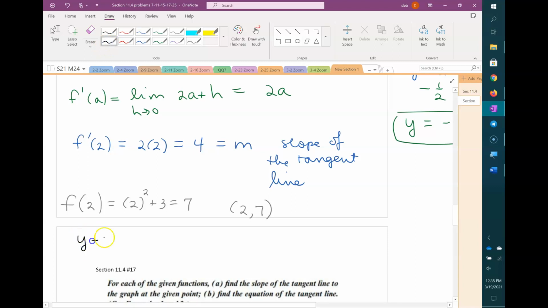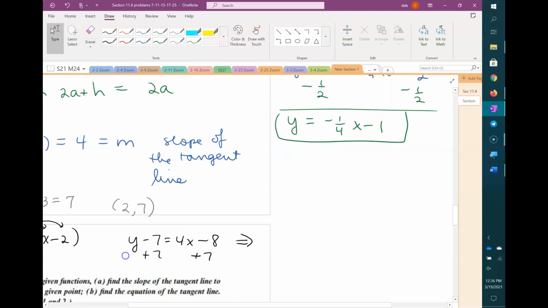So I'm going to have y minus 7 equals m, the slope of 4, times x minus 2. So y minus 7 equals 4x minus 8. Add 7 to both sides. And the equation of the tangent line at that point is y equals 4x minus 1.